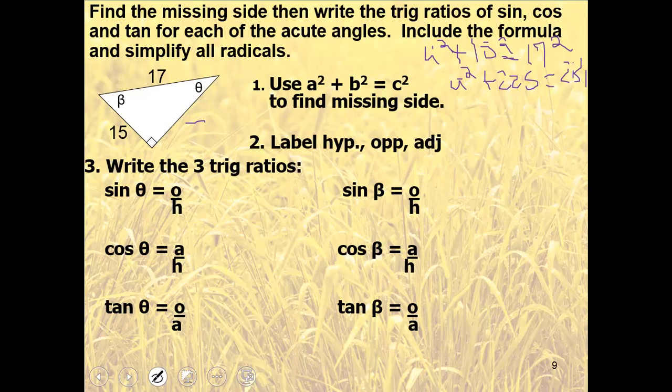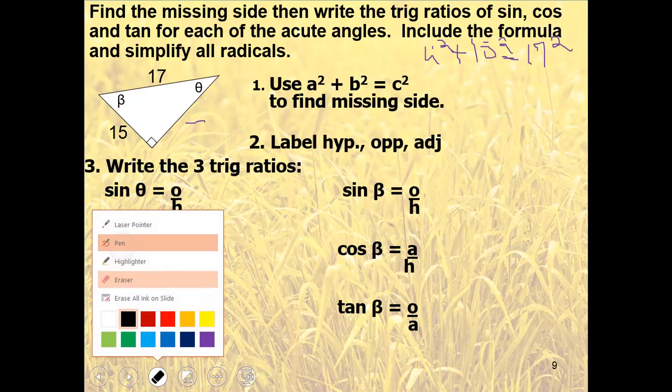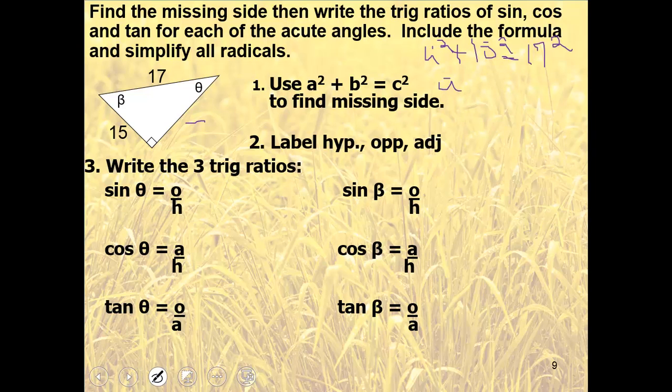Sorry you can't read that. Wow, trying to hurry and it's causing me to waste a lot of time. A squared plus 225 is equal to 289. I'm going to subtract 225 from there, and I get a squared is equal to 64.